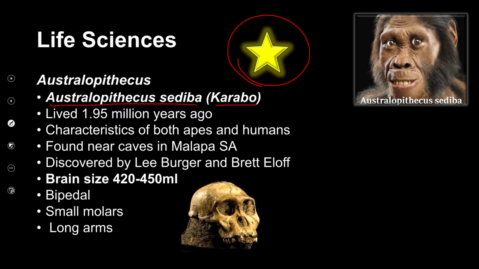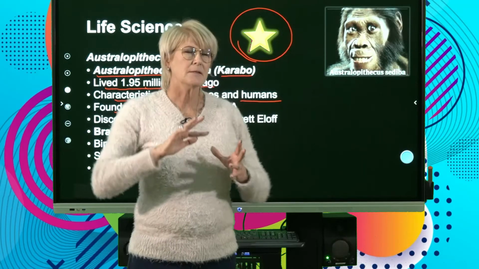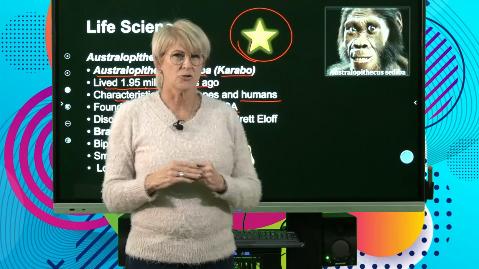And they discovered that this species lived about 1.95 million years ago. Okay, they had characteristics of both apes and humans, and they were found near the caves in Malapa in South Africa. Okay, and the fact that they had characteristics that were both human and ape means that they are regarded as a transitional species.